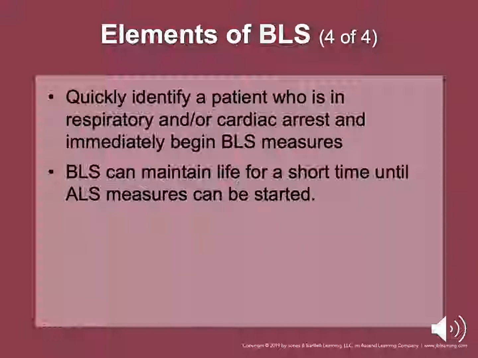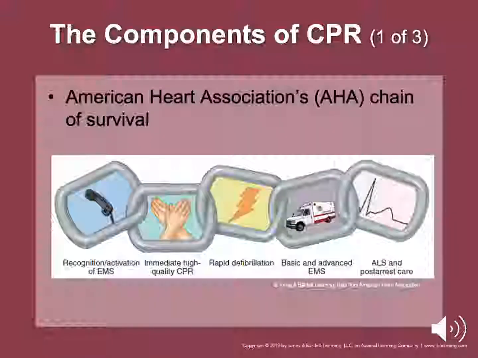But when all this is done correctly, BLS can maintain life for a short time until ALS measures can be started. So never forget about your BLS. You might be the only one there and see somebody going into cardiac arrest. You have to send somebody after your equipment. At least then adequate BLS is being done until you can get your equipment to have ALS started.